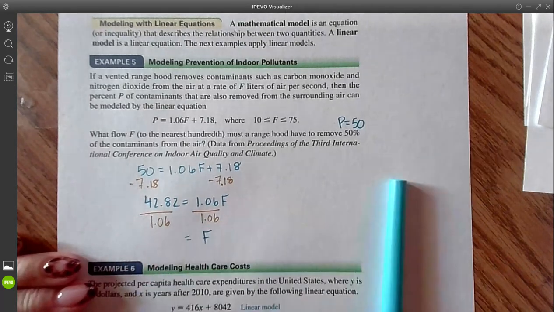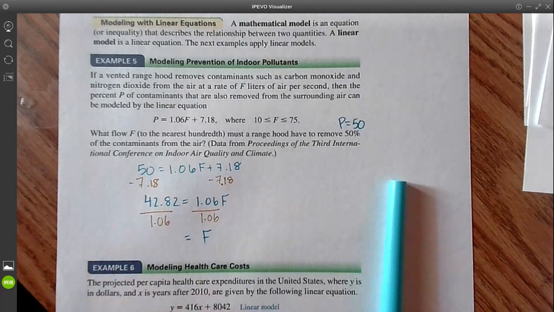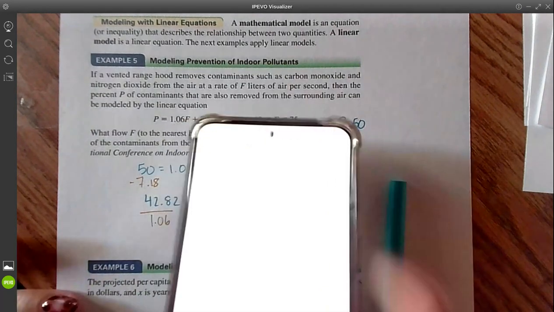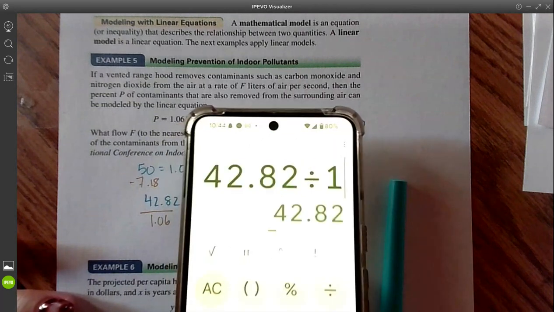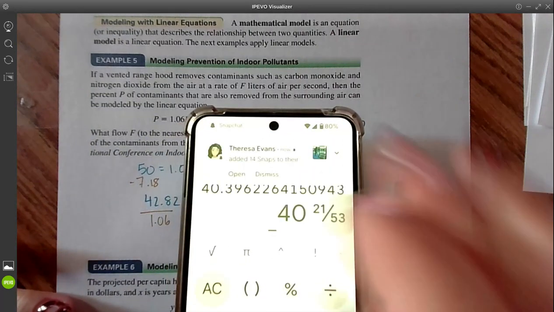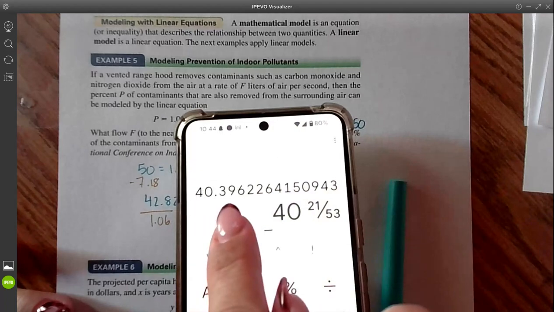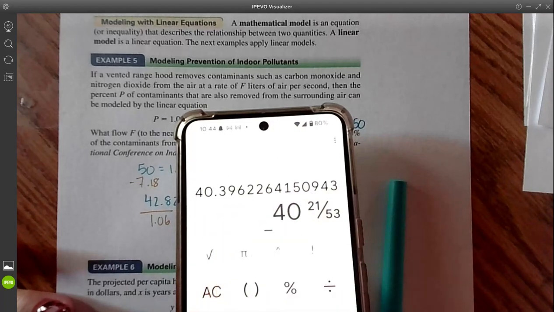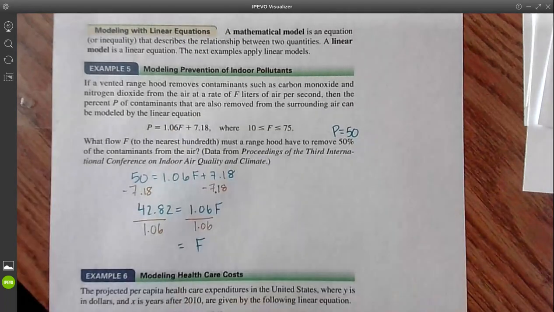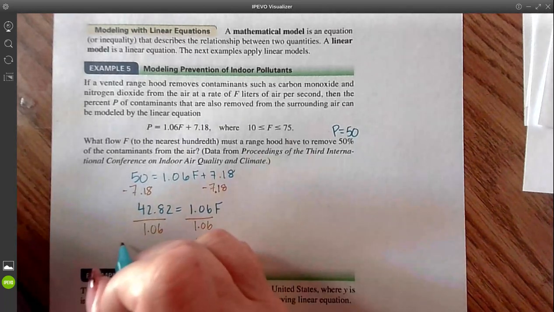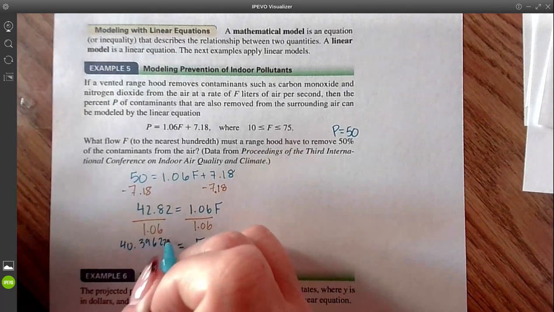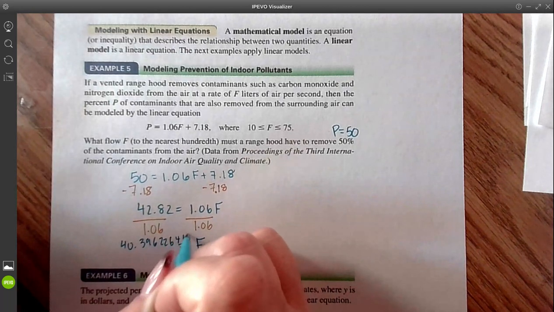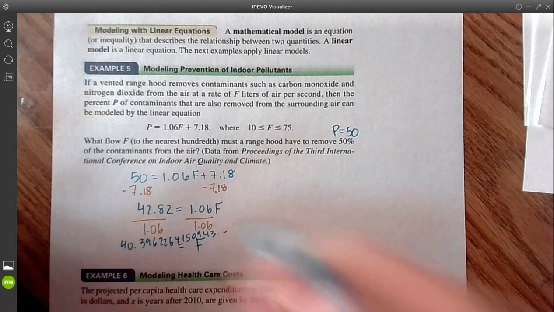And we get F is, I have my calculator going, 42.82 divided by 1.06. 40.39622641509438, and it keeps going.